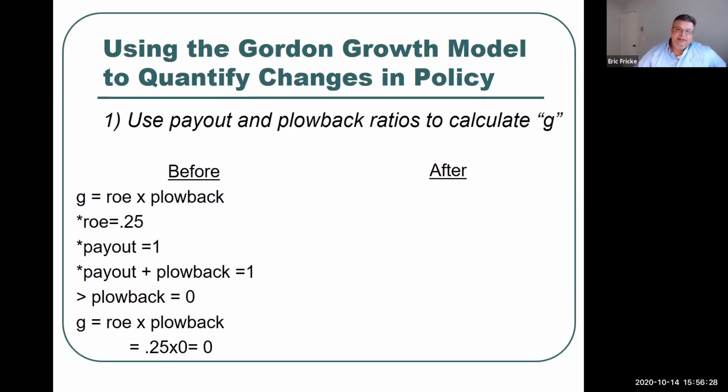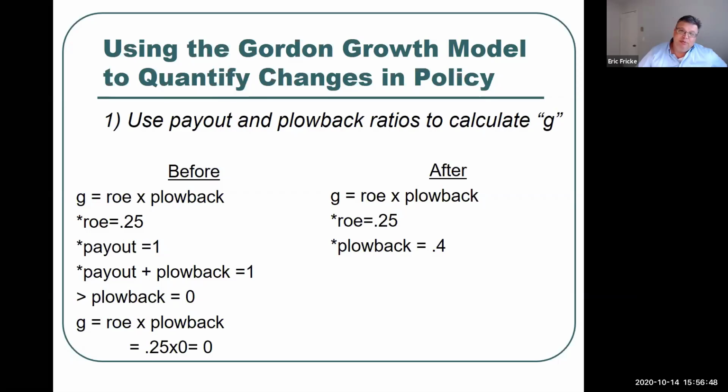Let's look at the other situation. This was the after, right? And we want to find G, the growth rate again. And we've got some data from the problem. We know the ROE is still 25%. In this situation, the plowback is 0.4.